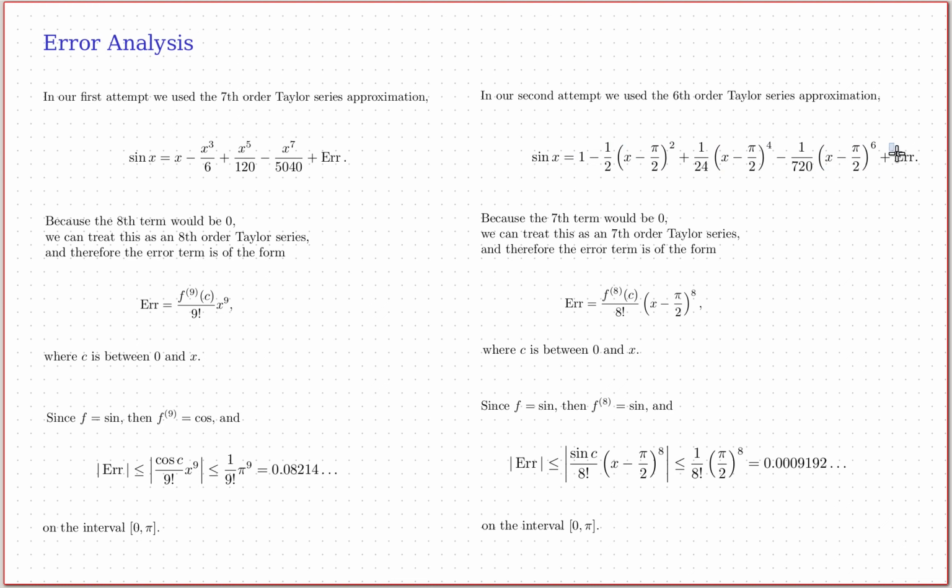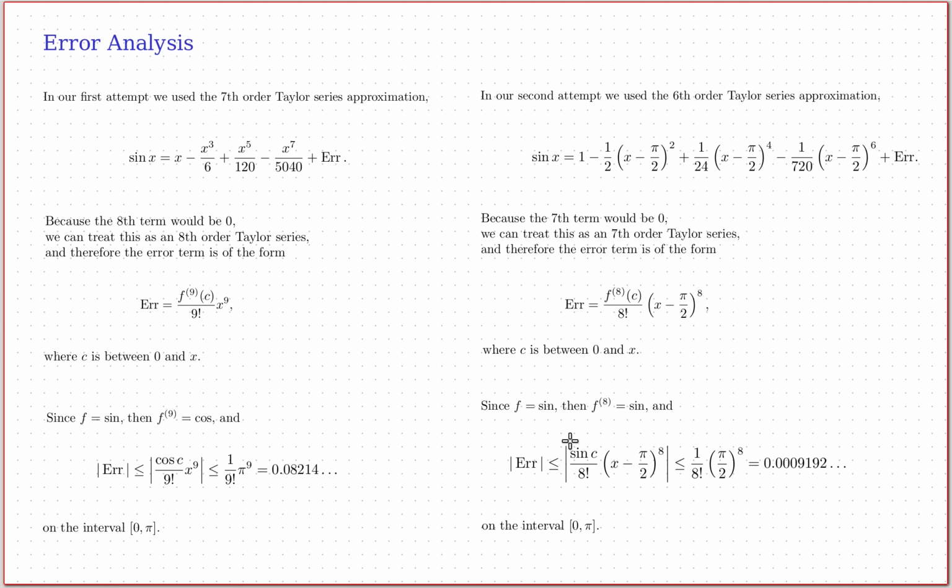So with that understanding, we can say that the error term is of the form 8th derivative of f evaluated at c over 8 factorial times x minus pi over 2 to the 8th. And now we want to look at this and get a worst case scenario. What's the worst this could possibly be when c is between 0 and x?